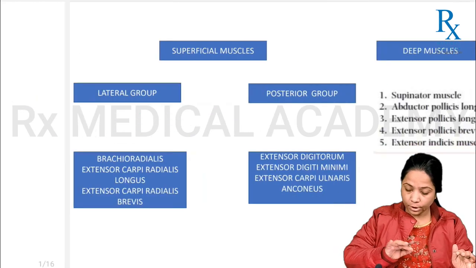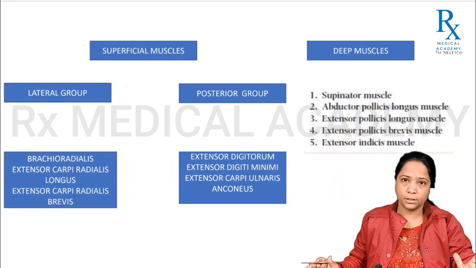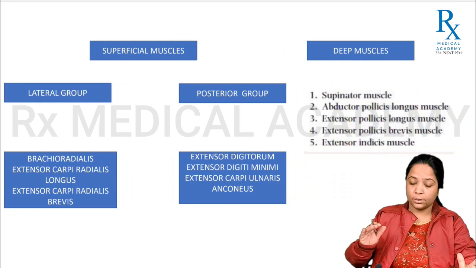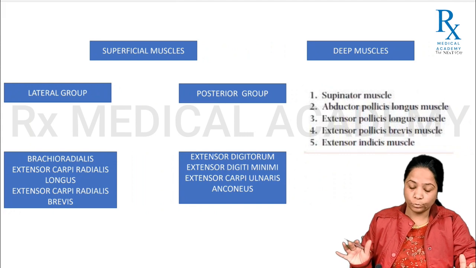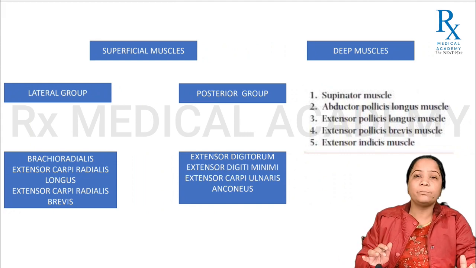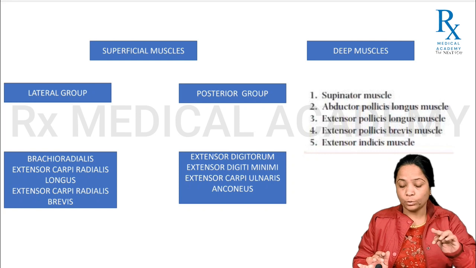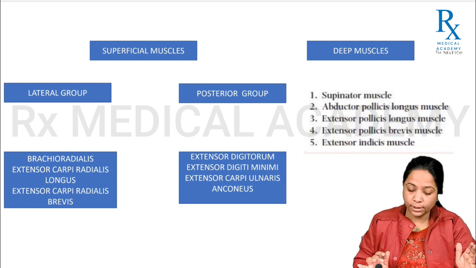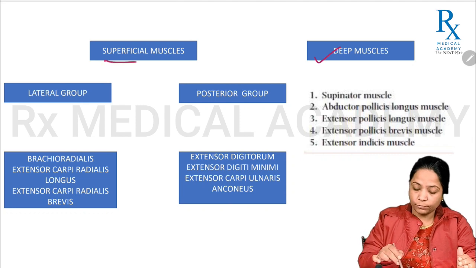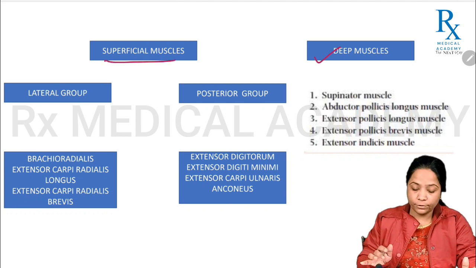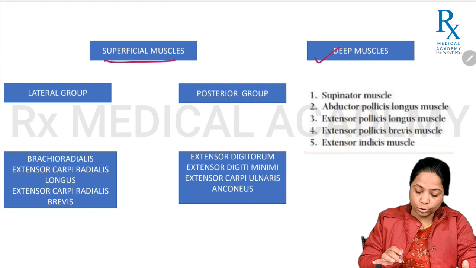the forearm. If you divide these muscles in relation to their location in the region of the forearm on the posterior aspect, you will find these muscles are arranged in two groups. One is the superficial, and the other group of muscles lies deep to these superficial muscles. Again, the superficial muscles are divided into two groups.